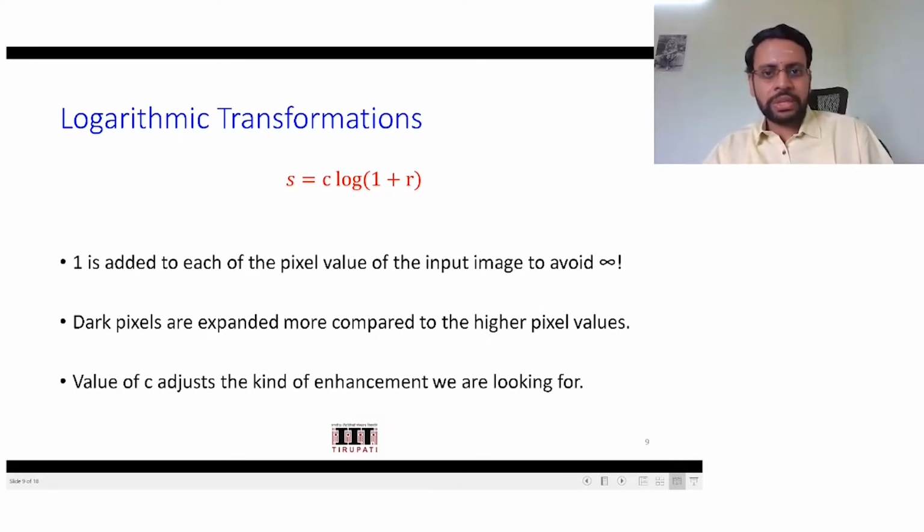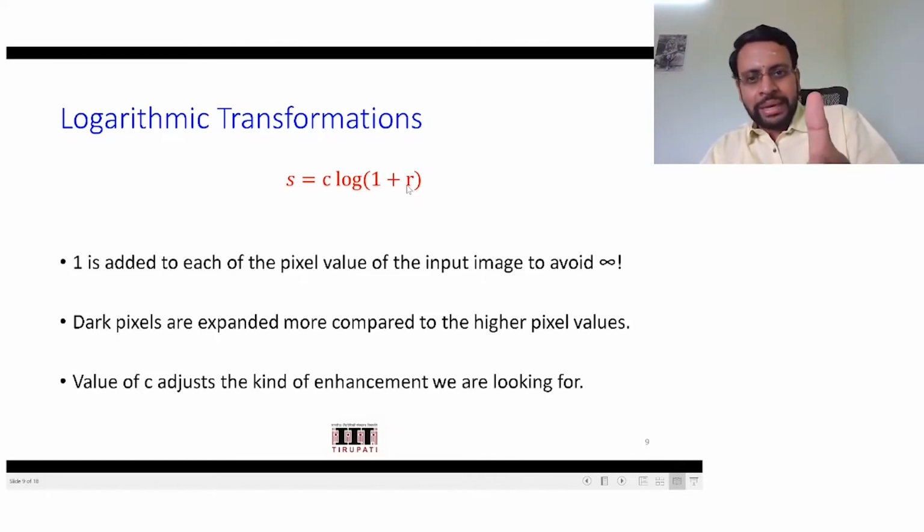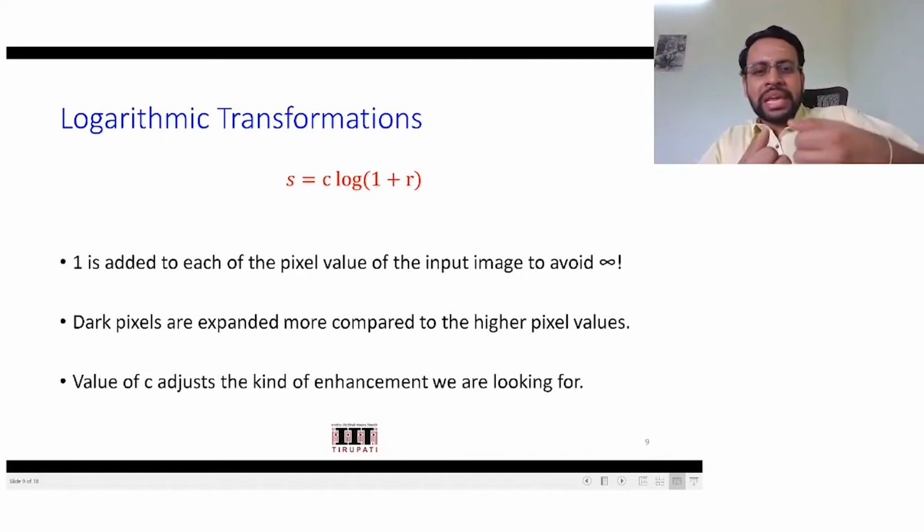Another transform is the logarithmic transform. The most common form of this transform is what you see here, s = c log(1 + r), r being your input intensity value, s being the output intensity value to which you are mapping r, and you are adding 1 to r so that you will not end up with infinity, particularly when r equals 0, and then you are scaling as well.